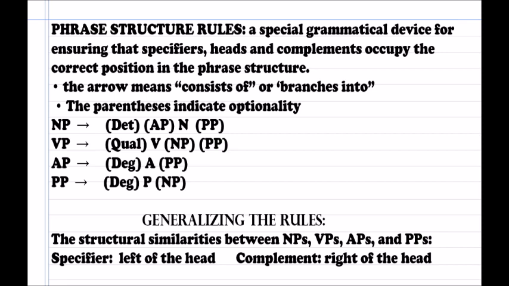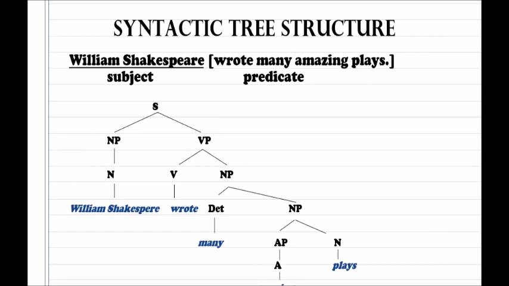Now, let's move on to the syntactic tree structure. This is one of the diagramming techniques, or diagramming systems, that will help us understand the structure of the sentence. Now, I will give you an example. William Shakespeare wrote many amazing plays. William Shakespeare is the subject, and the predicate is wrote many amazing plays.